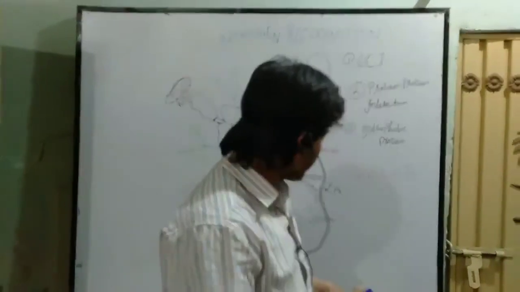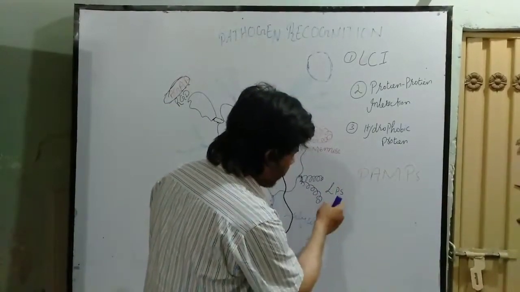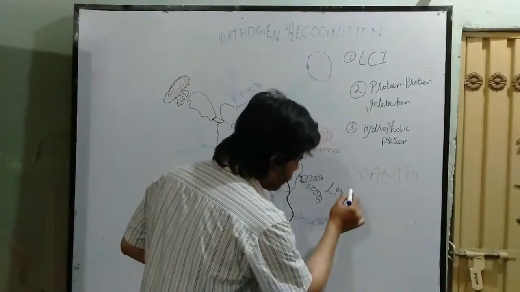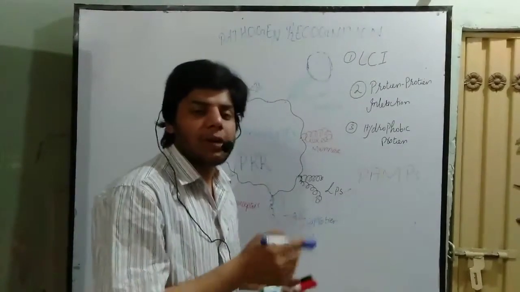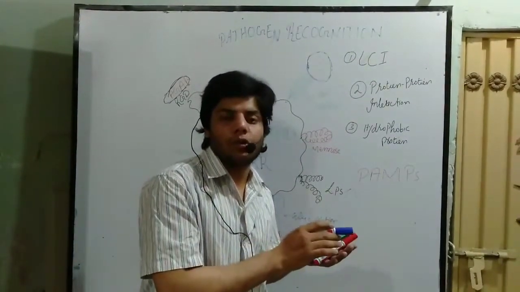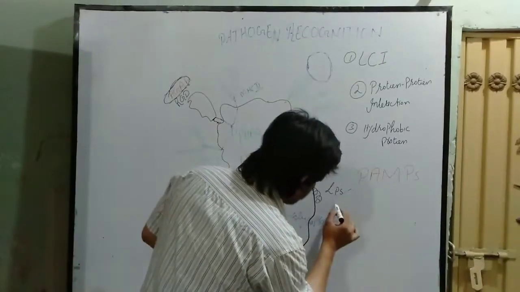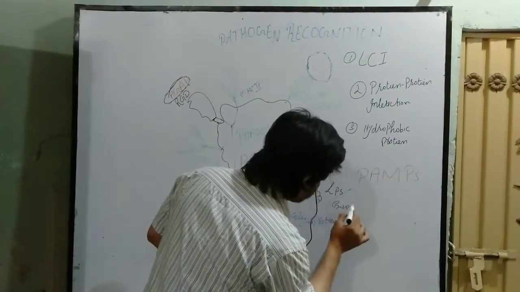Okay, moreover, this lipopolysaccharide receptor, as you are watching, usually detects the lipopolysaccharide which is present in the case of gram-negative bacteria. So let's suppose this is a gram-negative bacterium.